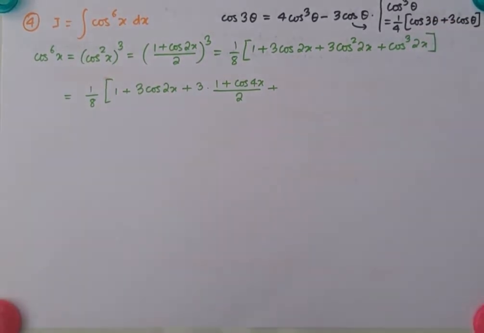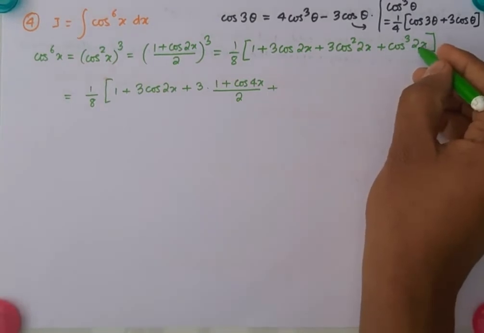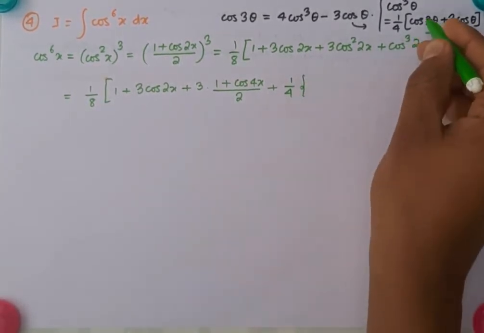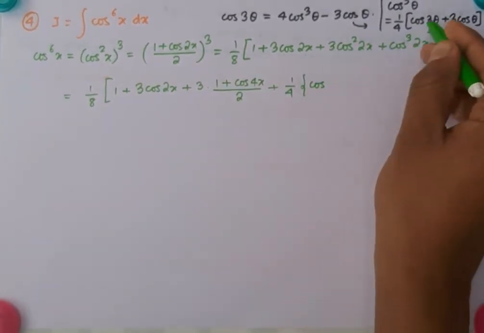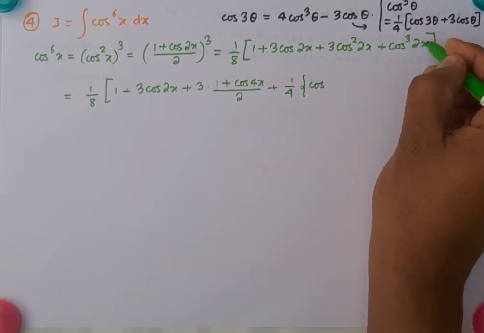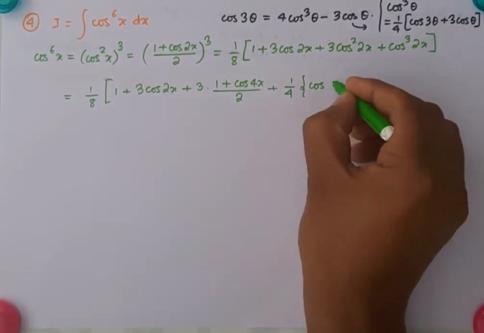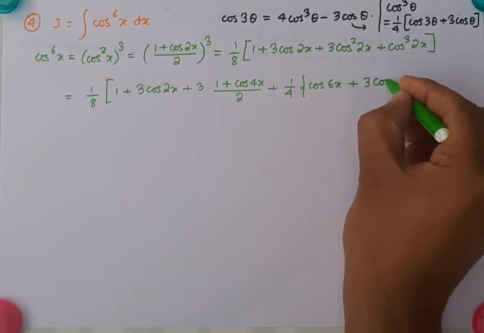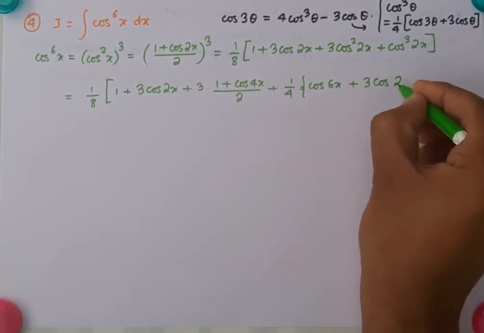See here carefully. Cos cube theta can be written as 1 by 4 cos 3 theta, and theta is 2x, so it becomes cos 6x, plus 3 cos theta, and theta is 2x.